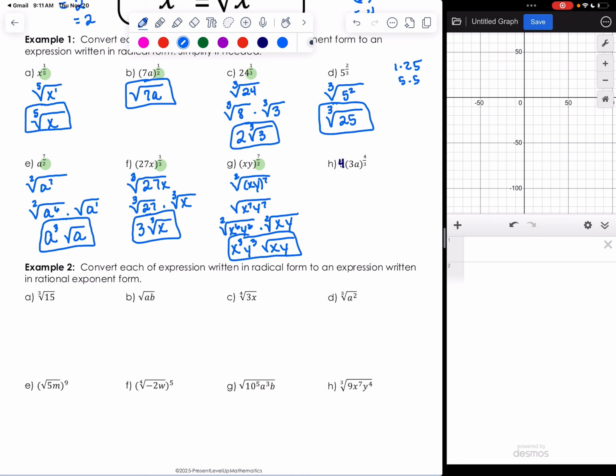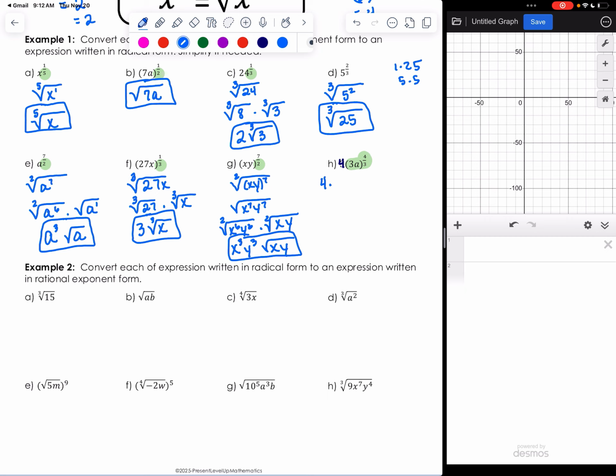All right, problem H, we have 4 times the quantity 3a to the 4/3 power. Now what I want you to notice here is this 4 is not inside the parenthesis. So we're going to take the 4, it'll be in front, and then we're going to rewrite this expression right here as a cube root.